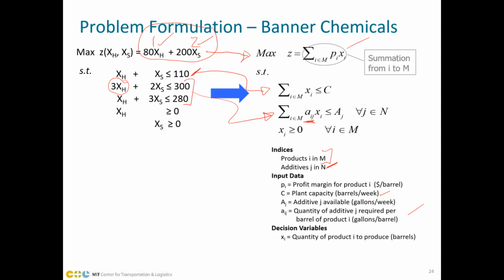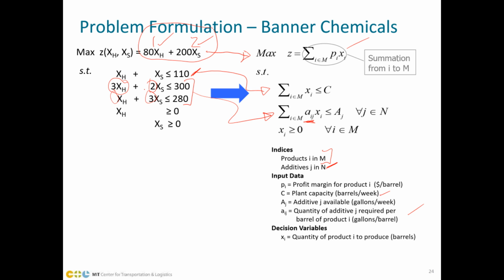If I look for A12, that's product 1, the second additive, that would be 1. A21, that's the amount of additive I'm adding into product 2 for additive 1, that would be equal to the number 2. And A22 is simply this. So all we're doing is capturing the essence of the model.